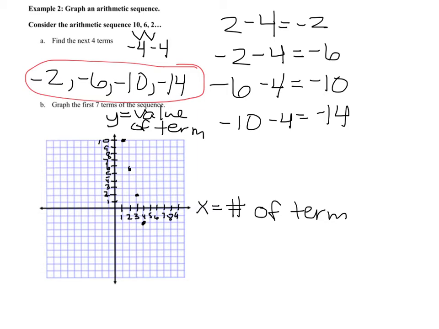Our fifth term is negative 6. Our sixth term is negative 10. And our seventh term is negative 14, which is actually off of our graph down here. Notice that when we're graphing arithmetic sequences, these are going to fall in a straight line.